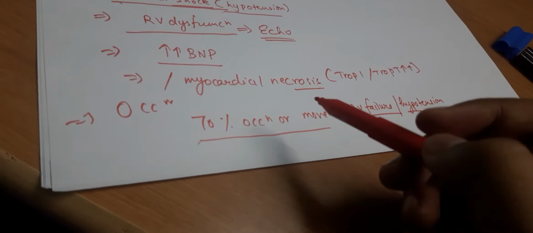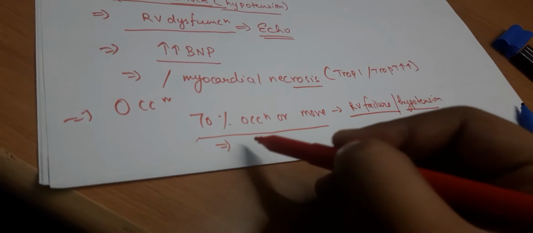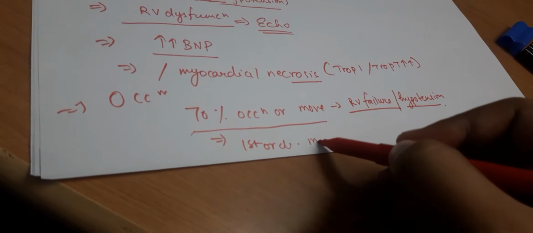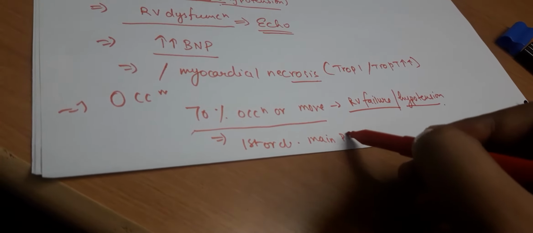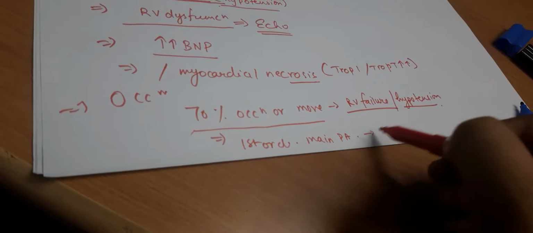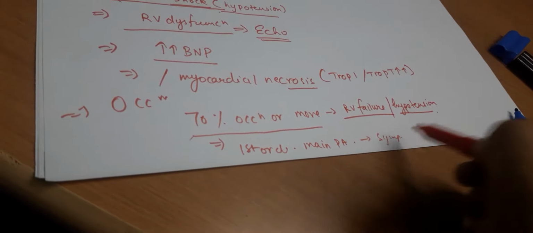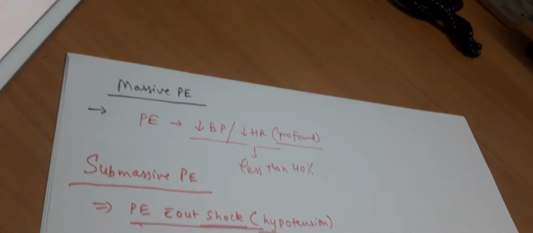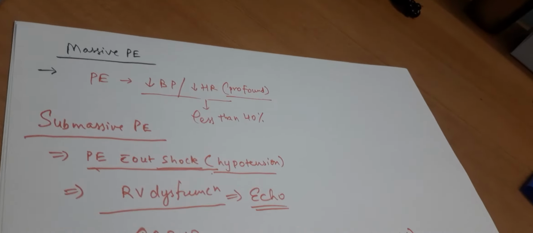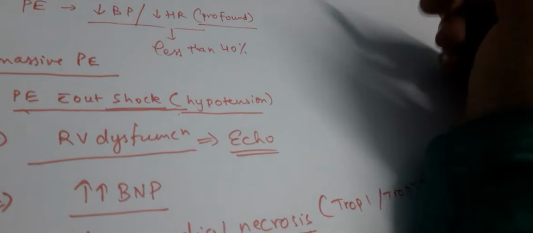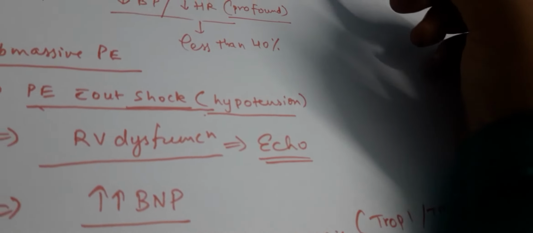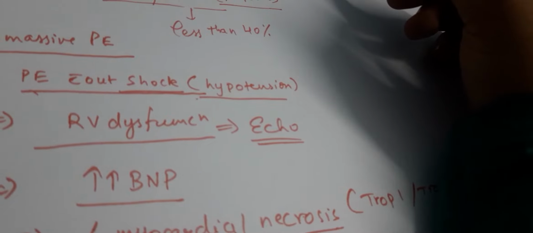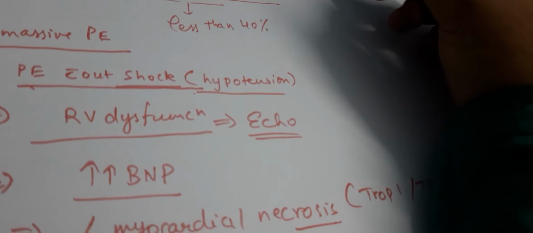So occlusion will be there in the first order main pulmonary artery, and this will be symptomatic. All right, so what will the patient have? As we have told, there will be symptoms.